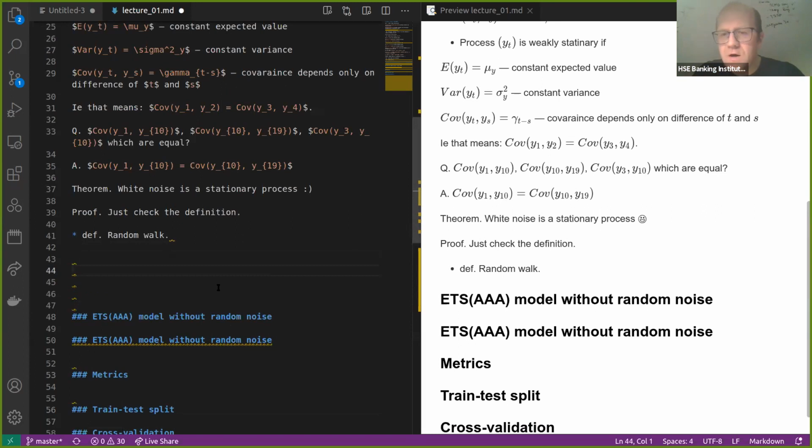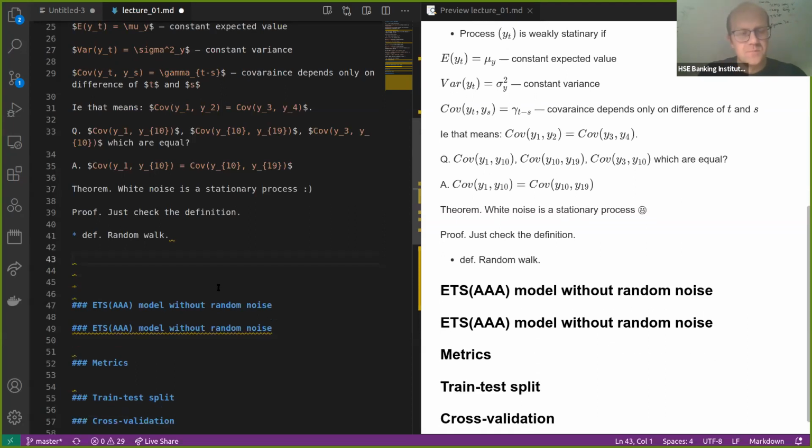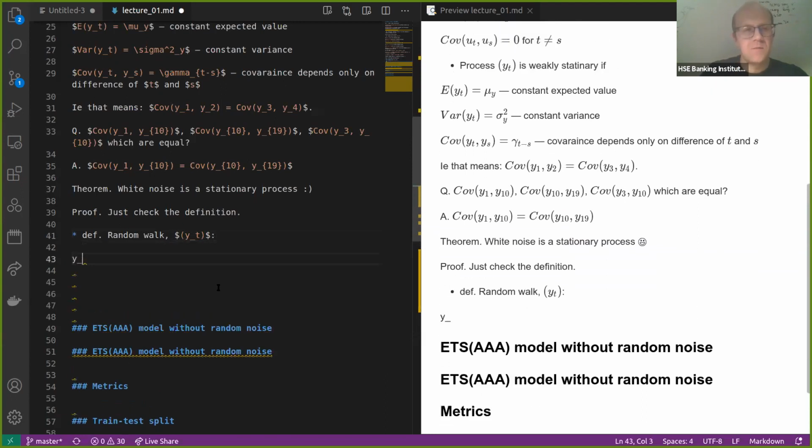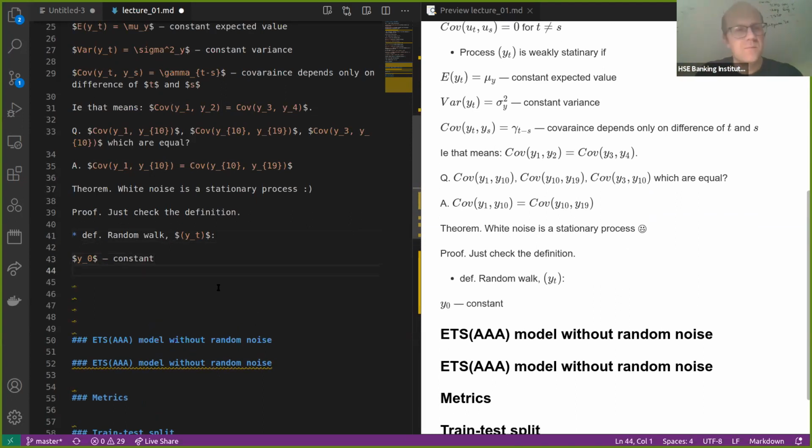Okay, yeah, we have a random process of random steps. That's a good idea. So once again, Yt is a random walk if we have some constant initial value of the process, Y0 is some constant. I don't care which one.